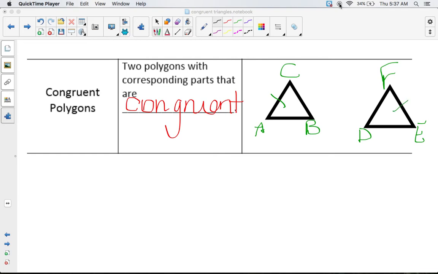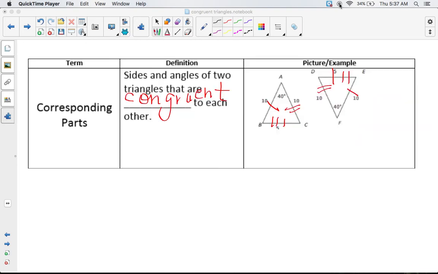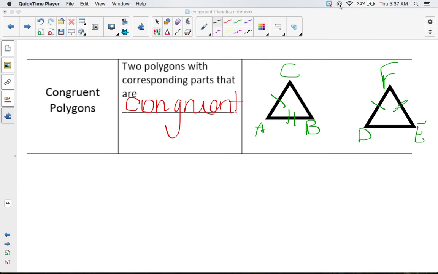I'm going to say these two are congruent. Sorry, you guys. Okay. Do you see that all the parts are congruent? So therefore, these two triangles are congruent because the corresponding sides are congruent.